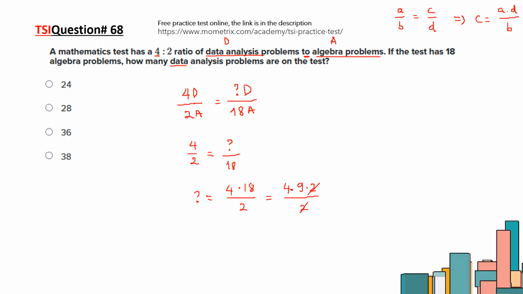Then we cancel this, and 4 times 9 is 36.